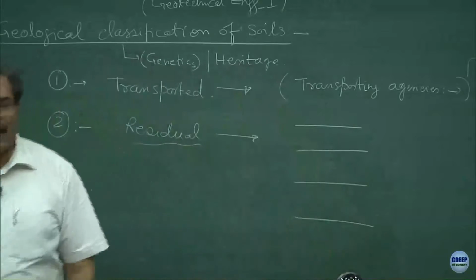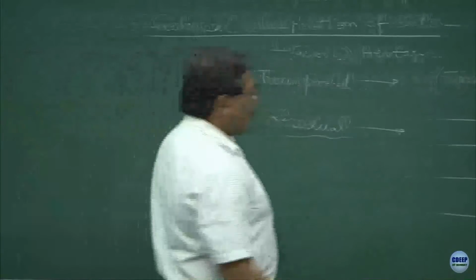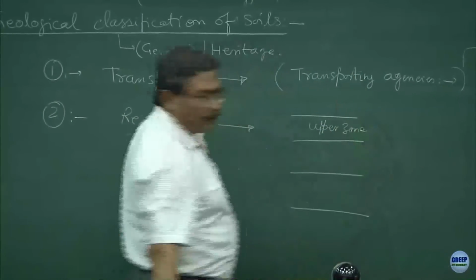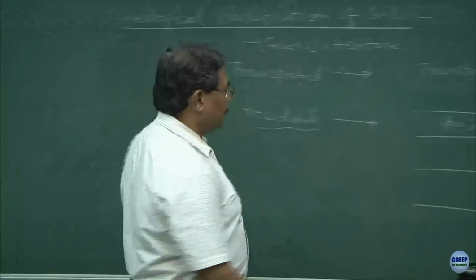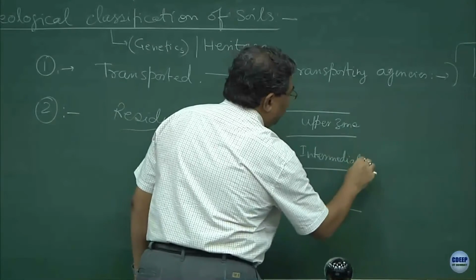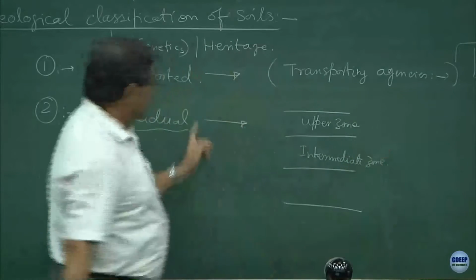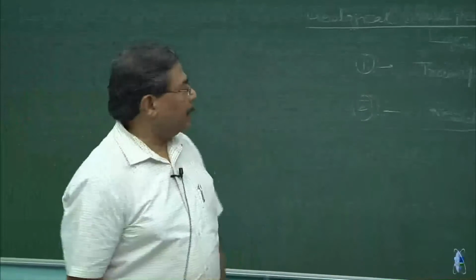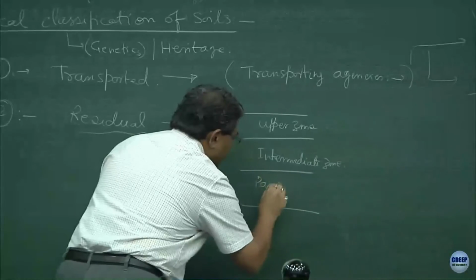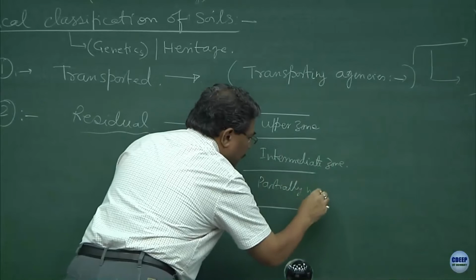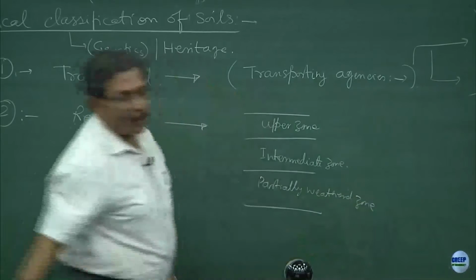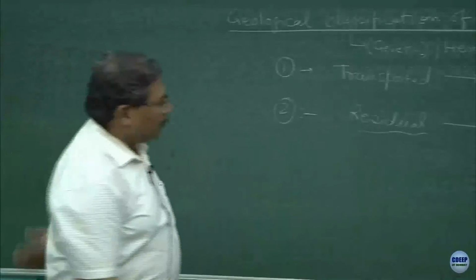The upper layer is known as upper zone, okay, and then is followed by the intermediate zone, this is the schematic diagram for depicting the residual soils, followed by partially weathered zone, and this is followed by the parent rock.